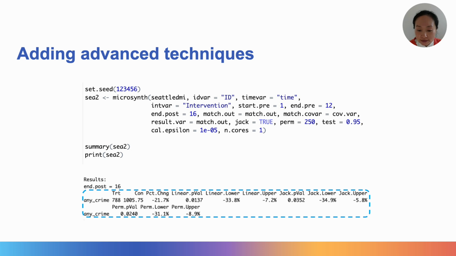For permutation, we observed the p-value also increased a little compared to the linear estimate technique, but the confidence intervals actually get smaller for permutation.